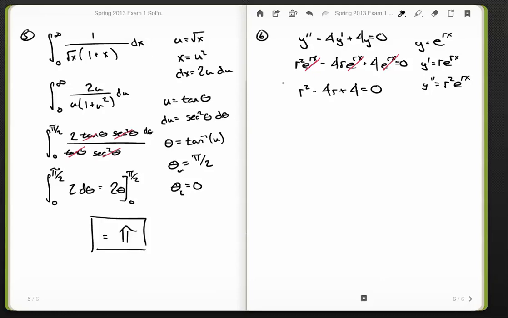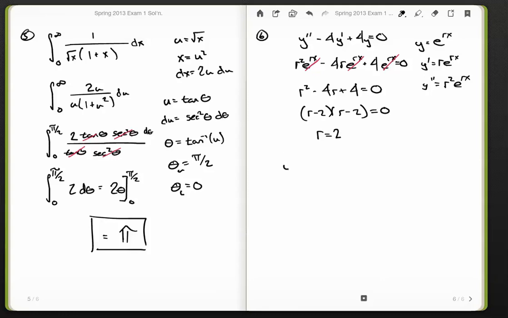All right, this is the gist of it. One little catch, though: this factors out to be r minus 2, r minus 2. So this is a repeated root. The r equals 2 is a repeated root.